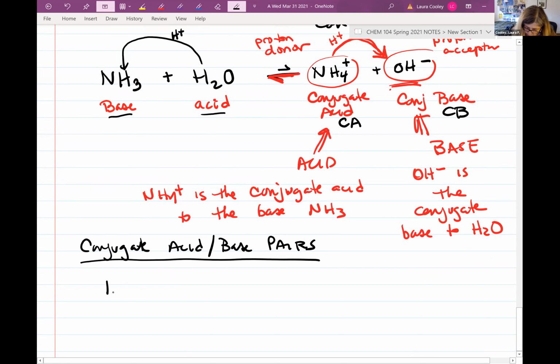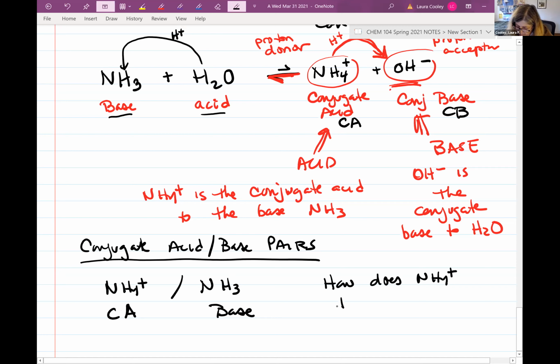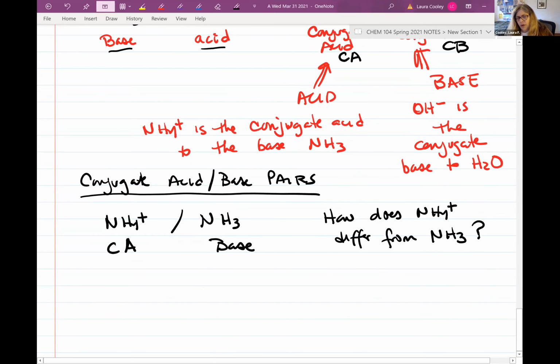For example, we have ammonium and ammonia. Here's the conjugate acid and the base. And what do they differ by? How does ammonium differ from ammonia? What would ammonium have to lose to be the same as NH3?